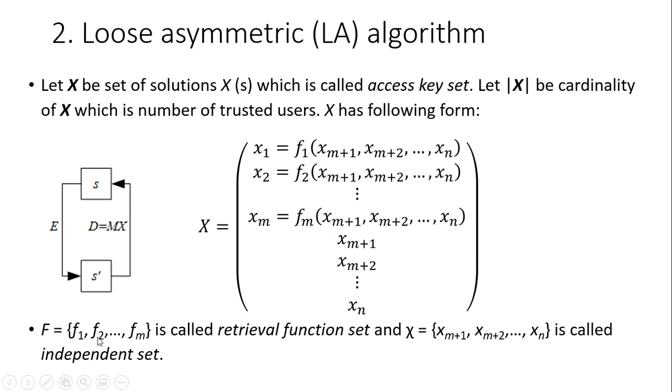F is the set of f1, f2, fm, called the retrieval function set, and chi is the set of sm+1, sm+2, sn, called the independent set.